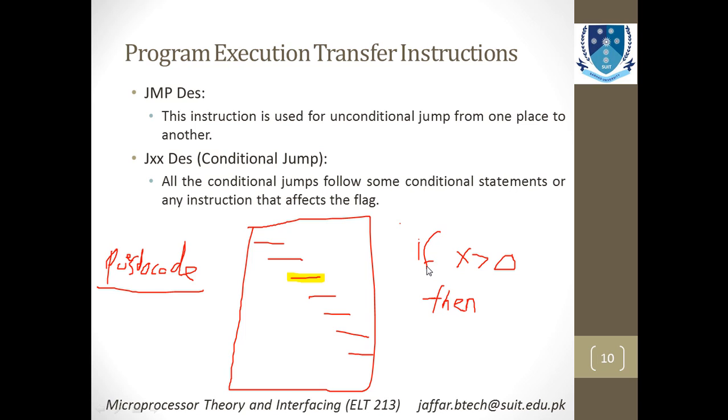You write the code in your own words. Let's say I'm at line number 3 and I have done some mathematical operations between x and y, some variables that I have done calculations over. So if x is greater than 0, then I say take me to line number 9, go to line number 9.